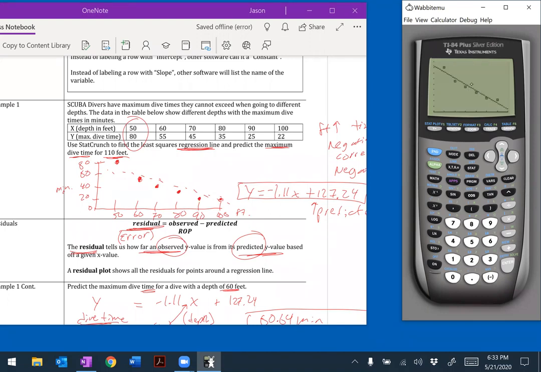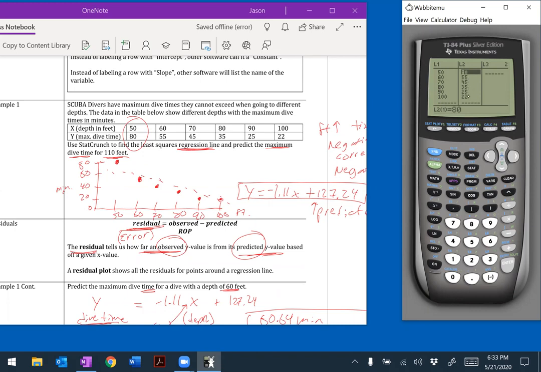Remember this graph on the data? So if I plug in the data, let's go to stat. The data should still be in there. Oh, lovely, it is. If you plug in your data here, it's 50, 60, 70, 80, 90, 100, and 80, 55, 45, 35, 25, 20.